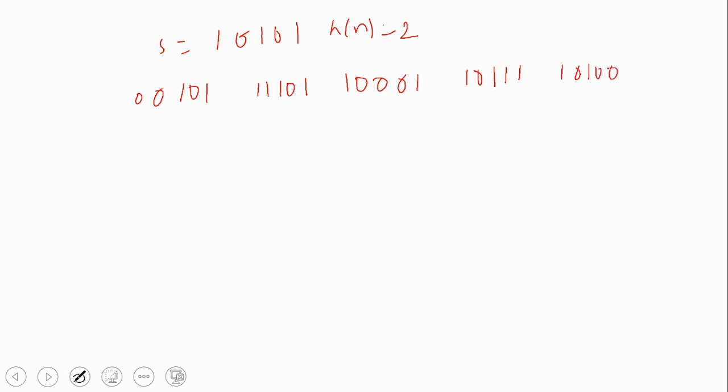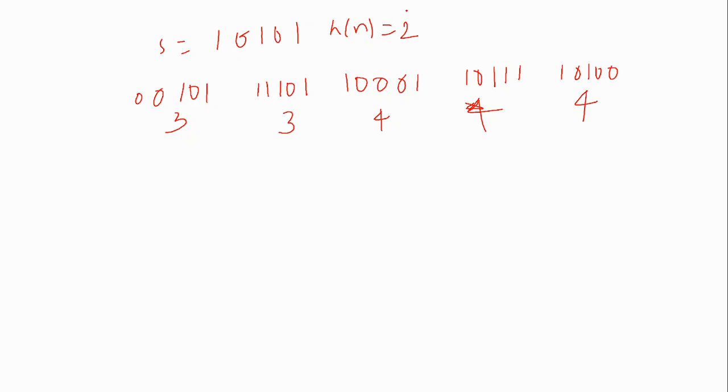If you go and see in the table, this has heuristic value 3, this has 3, this has 4, and this is also 4, and this is also 4. Now they have given us beam search, so we need to select the 2 from these which have the highest values.